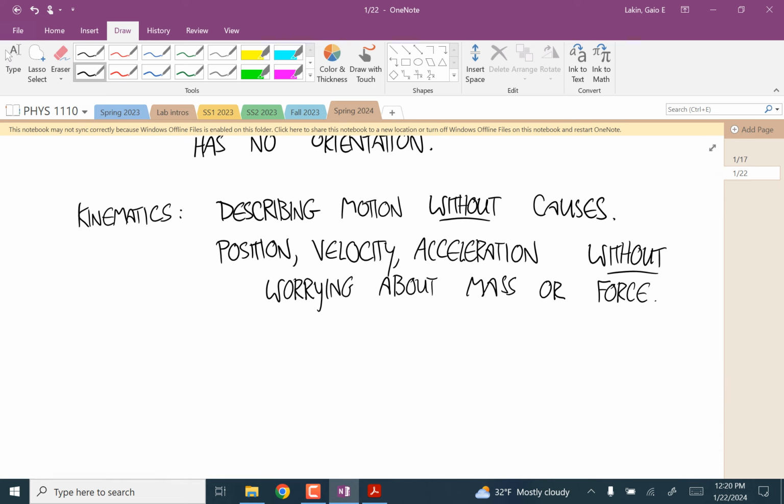And then the last thing is 1D. What does 1D mean? For us, it just means motion along a line. It doesn't necessarily mean an object is moving along a line. Any object that at a given location only has two choices of where to go from there is a one-dimensional motion.